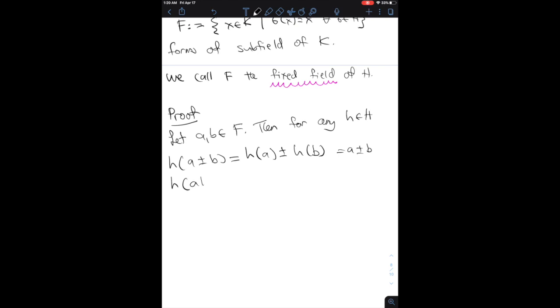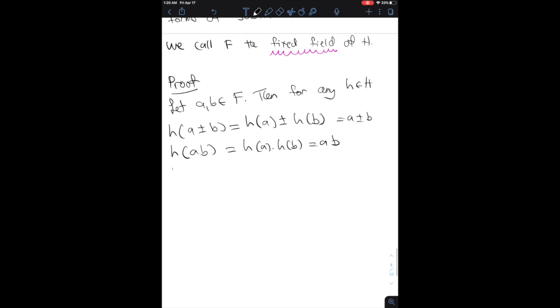But h fixes A and B, so it's A plus or minus B, which tells you that A plus or minus B has to also be in F. And likewise, h of AB, since h is an automorphism, is hA times hB equals AB, so this tells you by definition that AB also lies in F, and likewise for A divided by B.